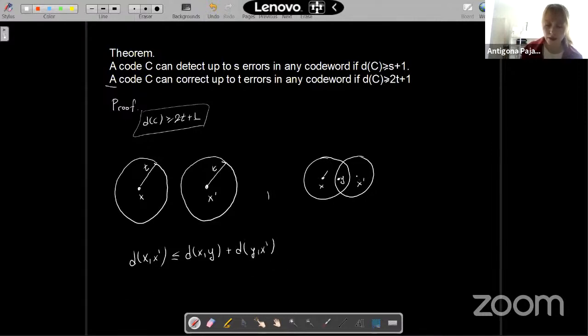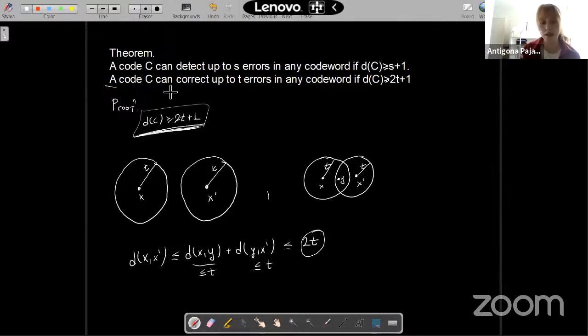And the radius here was t, and here as well was t. So I know that this part is less than or equal to t, and this part is less than or equal to t. So this would be less than or equal to 2t, and this contradicts our minimum distance, what we assumed before.